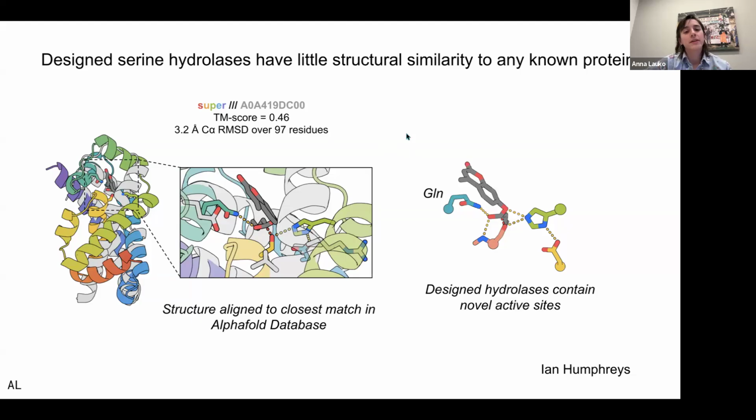And our best alignment has a TM score of 0.46 for this particular design. This is below the threshold for these to be considered the same fold. So these are very different. And another cool thing is that our active sites are really different from serine hydrolase active sites. So for example, this particular design has a glutamine side chain oxyanion hole, which to our knowledge is not found in natural serine hydrolases.